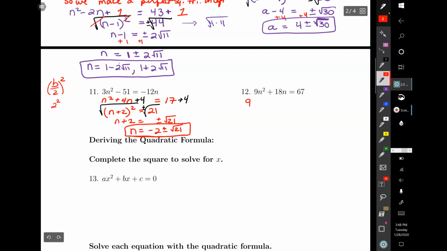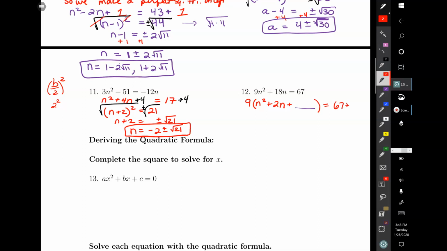We're not going to factor out the n though, just the 9. n squared plus 2n. And then we're going to write plus, and leave a blank here, because we are going to have to add on to each side to get our perfect square trinomial.